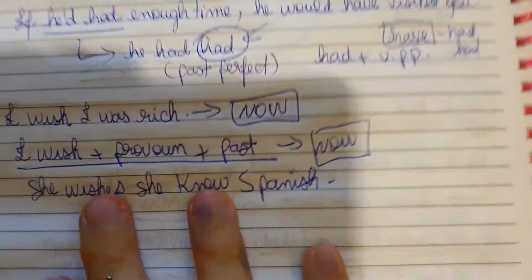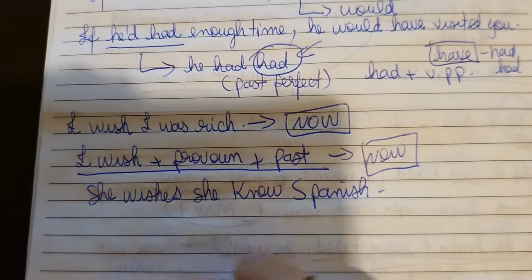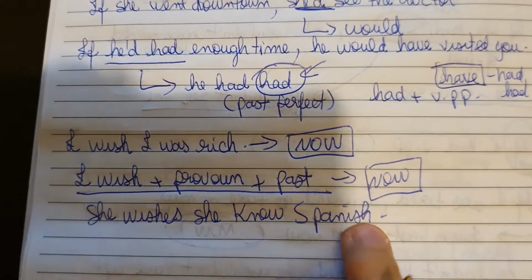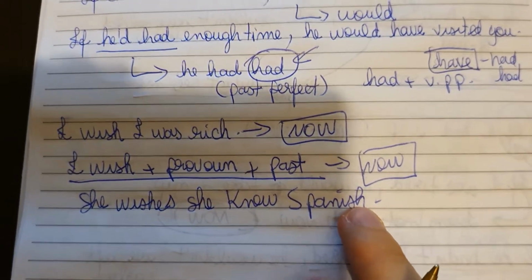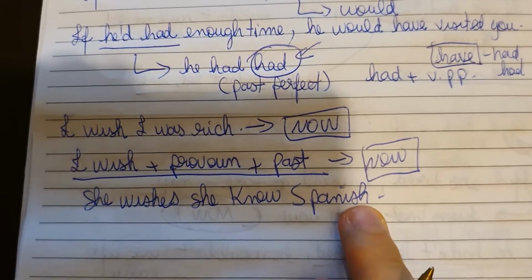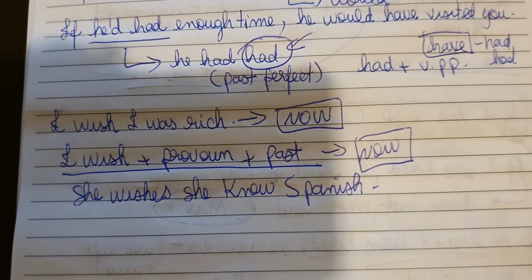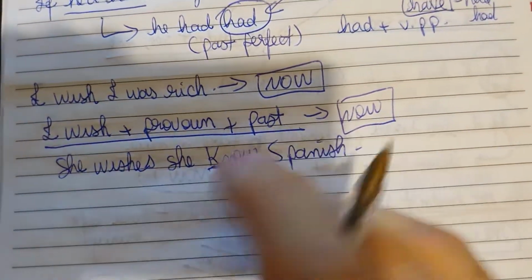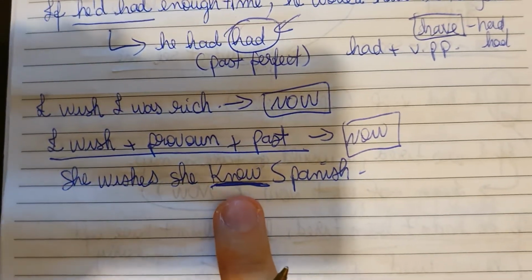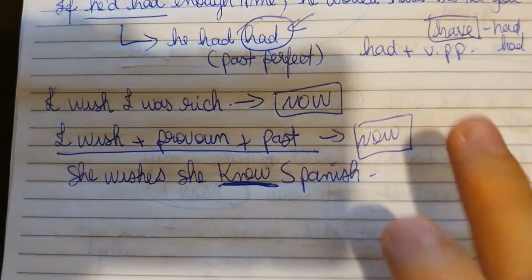She has never studied Spanish before, but now she wishes she knew Spanish because she needs to know Spanish now. Okay? So, although the verb is in the past, the situation refers to now.